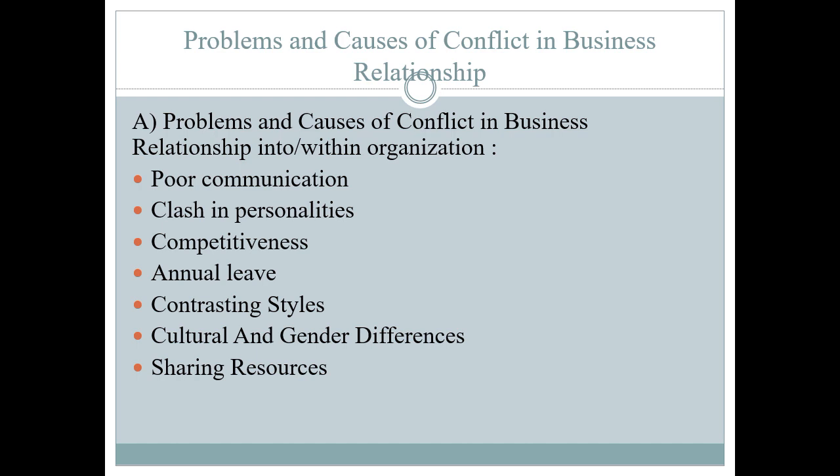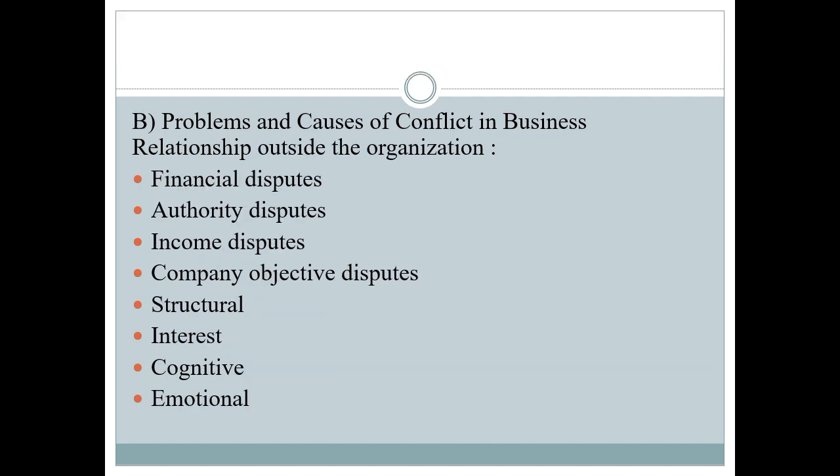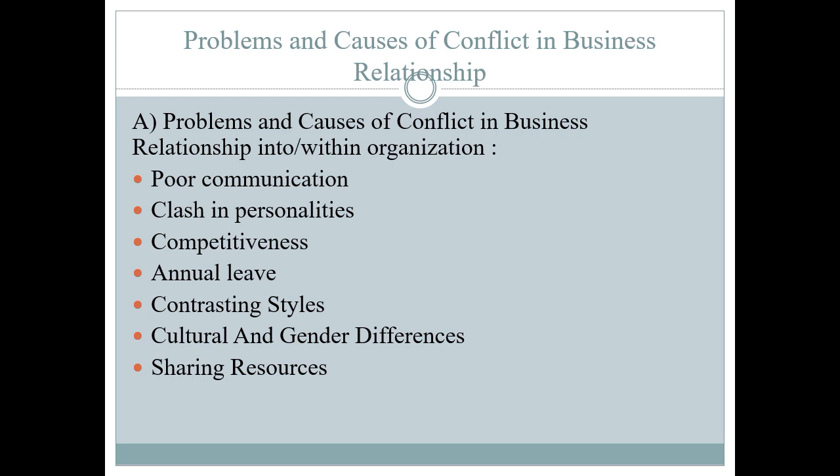We have classified these problems and causes into two parts: the first within the organization, and the second outside the organization. One by one we will go through it. Now, problems and causes of conflict in business relationship within the organization. What are the things which might result in conflict within your organization?